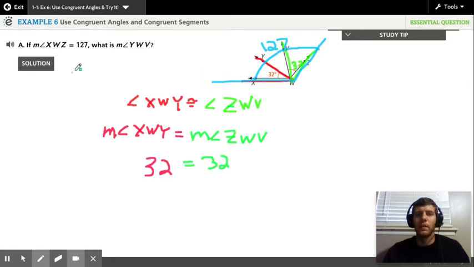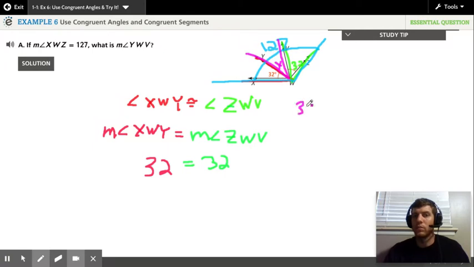And then we want to find the measure of angle YWV. So let's do that in purple. YWV, that's this one here. I'm going to put an X there. So we have three angles here. If we add them all together, they should add up to 127.